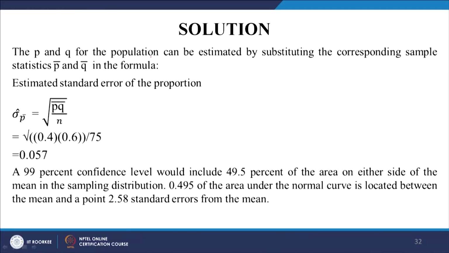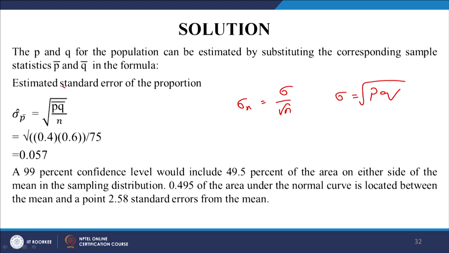If P and Q for the population can be estimated by substituting the corresponding formula. So, earlier sigma x is equal to sigma upon root over n, in case of means, but here what we are doing is sigma is equal to root of PQ over n. So, this formula is changing.